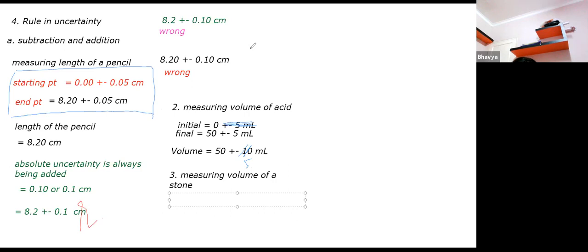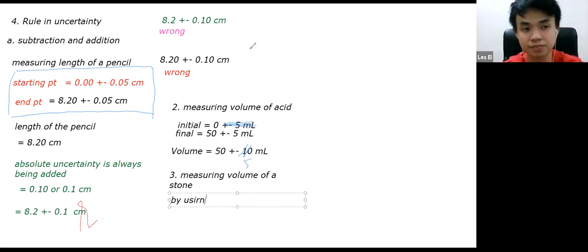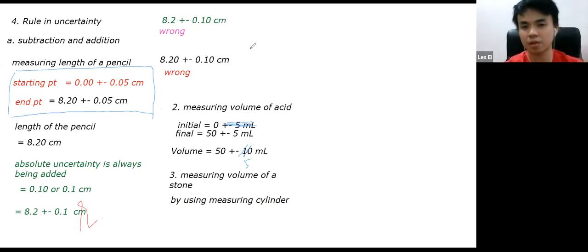Okay, so let's say you measure the volume of a stone by using a measuring cylinder. If you use a measuring cylinder and let's say initially you already fill it with water, the measuring cylinder can measure up to 1 centimeter cube, right?